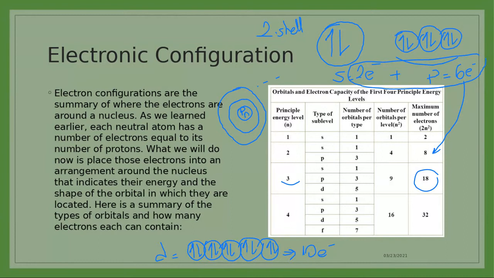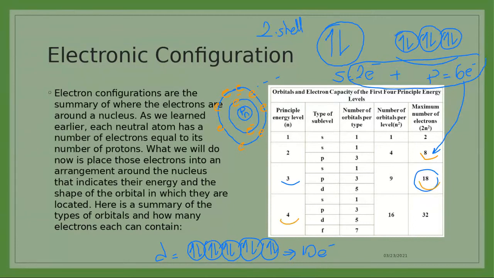The first shell has 2 electrons, and the second shell has only 8 electrons: 1, 2, 3, 4, 5, 6, 7, and 8. Like that. The second shell has a maximum of only 8 electrons, and the third shell has only 18 electrons.